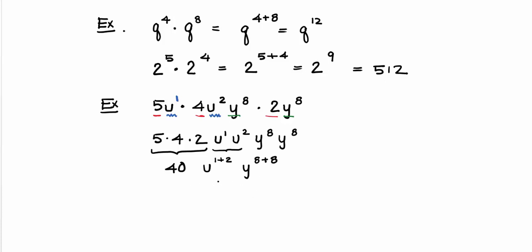So that's going to give me 40 u to the 3rd, y to the 16th. Now we know what it's like when we multiply like bases. We simply add their exponents.